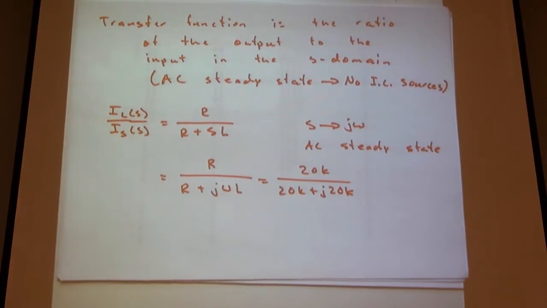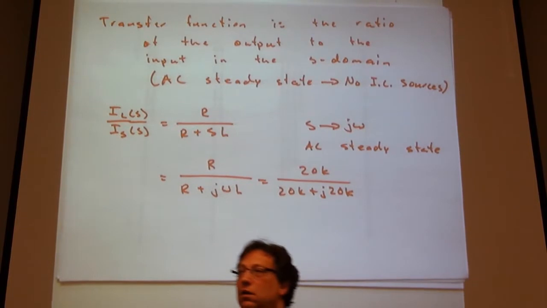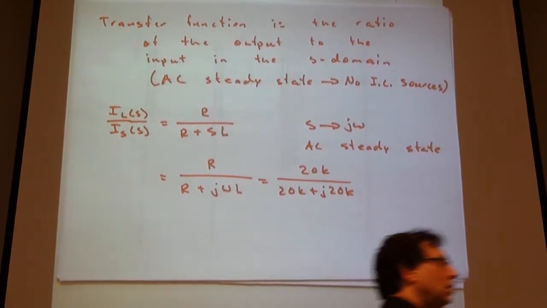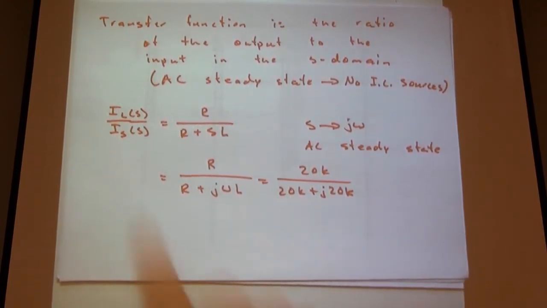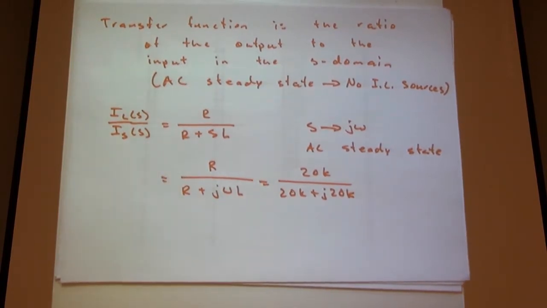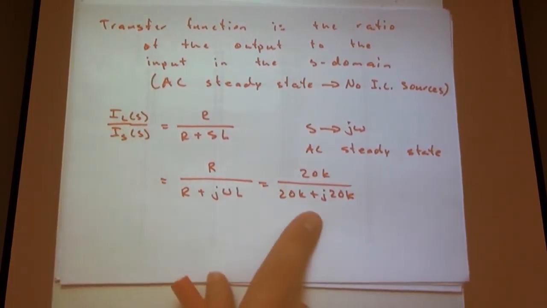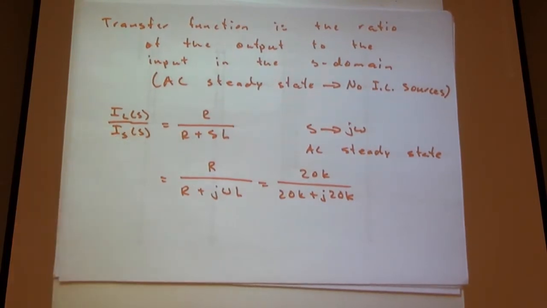And that's the ratio between these. It winds up being a scaling factor. So for a source of 5 milliamps in this case, our output is this times 5 milliamps with no phase. So if this guy has phase, our transfer function has both phase and magnitude. Well, the point here is we can set up the transfer function and we don't have to do the impedance analysis. And we'll do that a little bit more after we take a break.